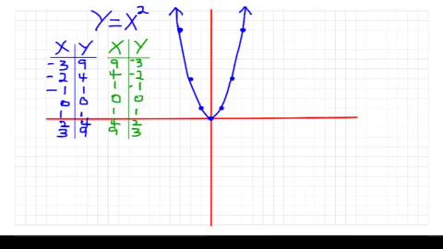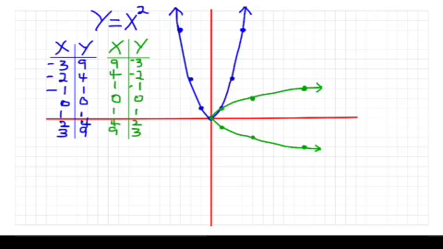And then I'm going to graph those points, and I did that graph in green. So right here you can see my green graph, my points, and then I'm just going to connect those with a line.